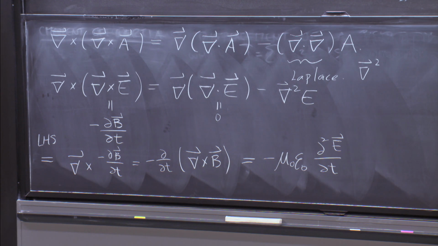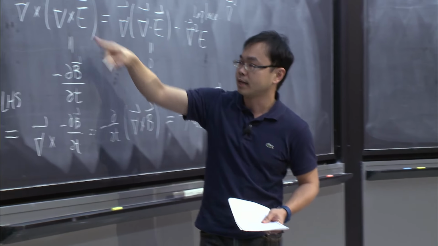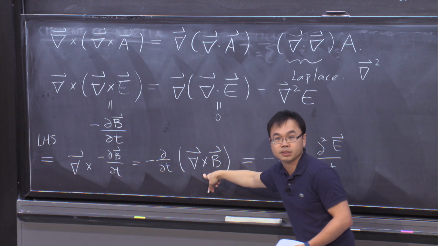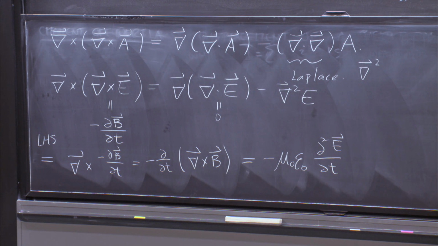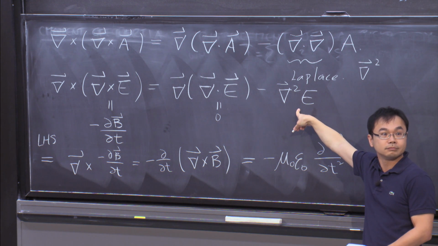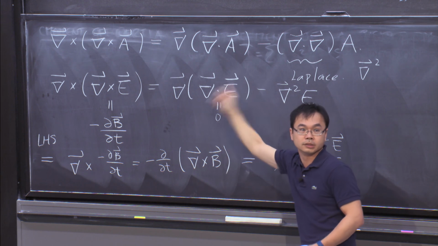Okay, everybody's following? Right? So basically what I have been doing is copy the left-hand side and make use of Ampere's law. Then you get minus mu 0 epsilon 0 partial square E partial T squared. And the left-hand side is equal to the right-hand side, right? The right-hand side, what is left? The divergence term is equal to 0, so this is gone.